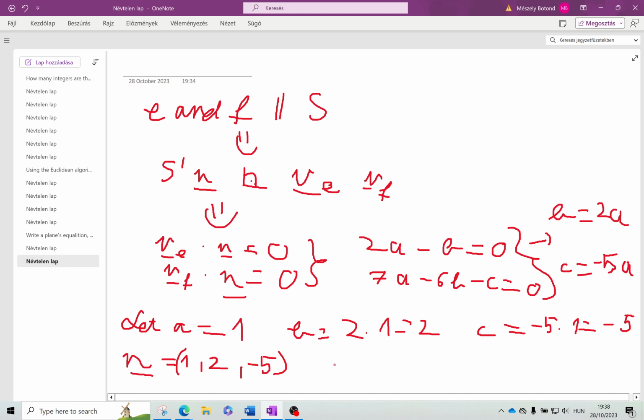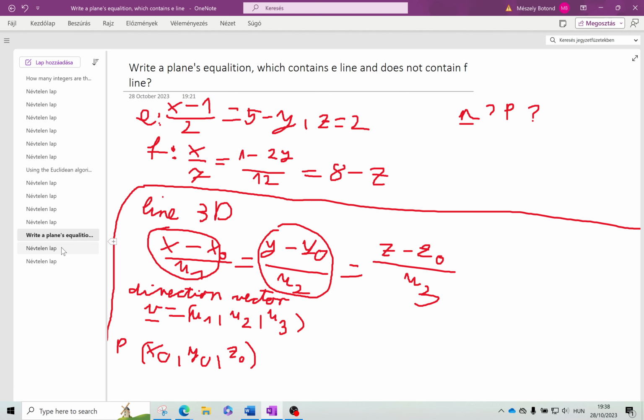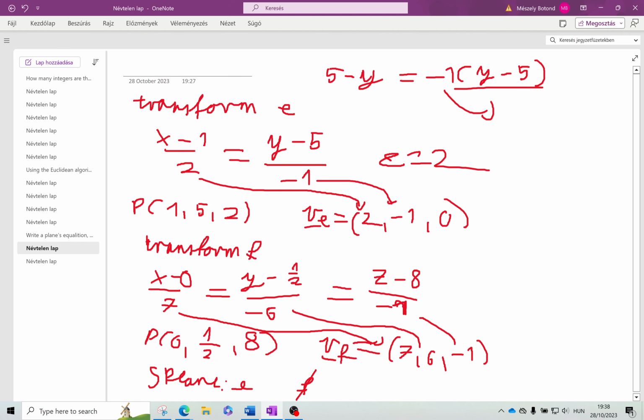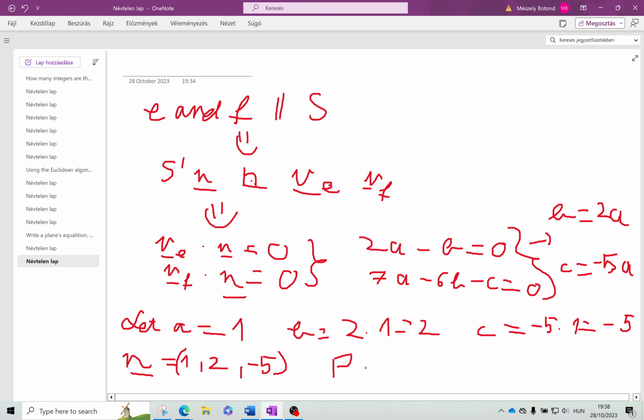And you also need a point, but we have a point because A is on the plane, and we already calculated that P(1, 5, 2) is part of A, so it's part of the plane.